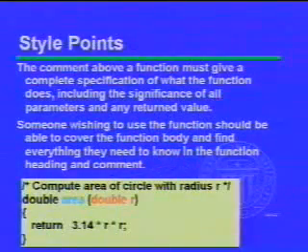A few style points. There are certain rules you have to follow when you declare a function. You have to have the return type and the name and the parameter list and the double quotes. The comments above the function are ignored because comments are always ignored by the C compiler.